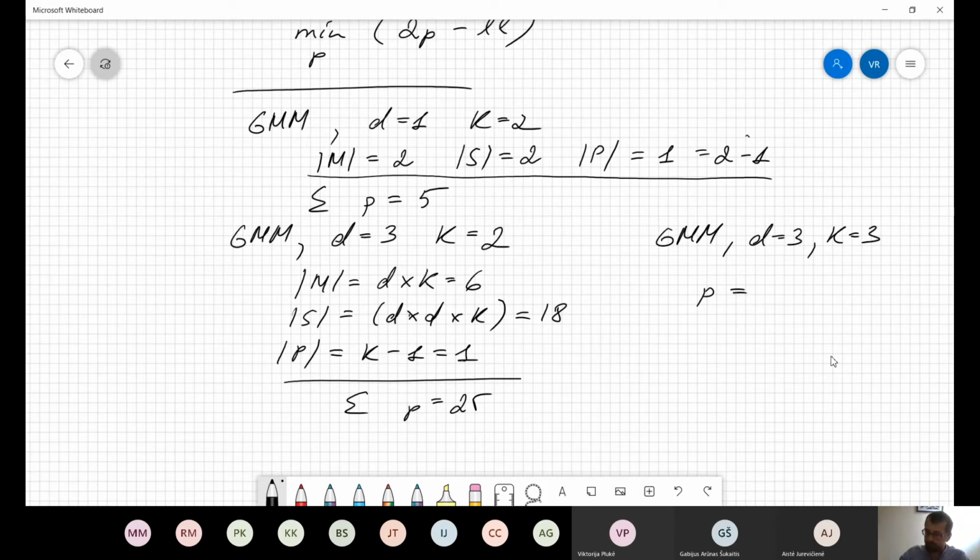Yes, so it's 38, right? As you can see, the tremendous increase. You just add one additional cluster, and you have a tremendous increase in the complexity of the model.